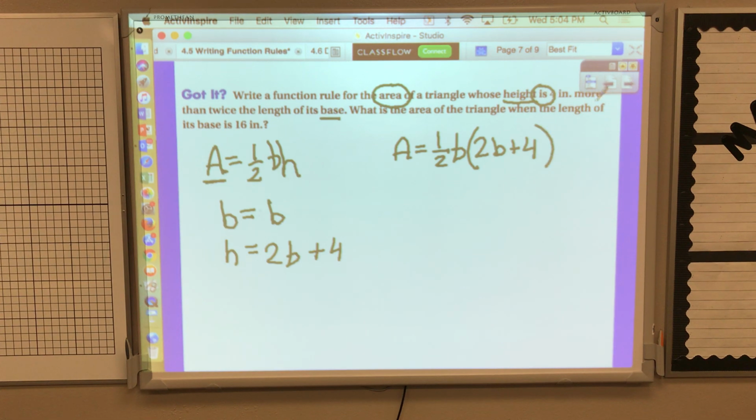Okay, now when you're writing a function rule, if you can, you don't want it to have parentheses. You want it to be in that simplest form. So what that means is I need to distribute this 1/2 B. I get area equals, I'm going to take 1/2 B times 2B.